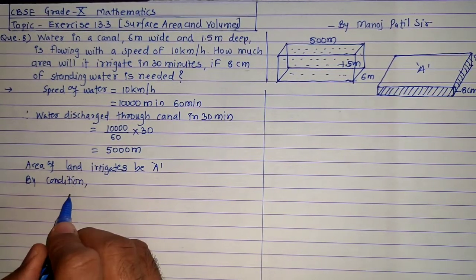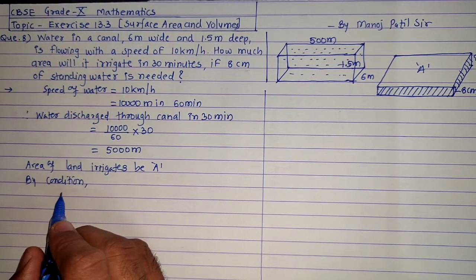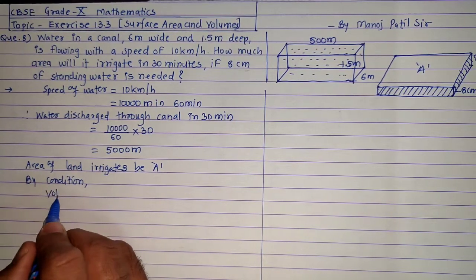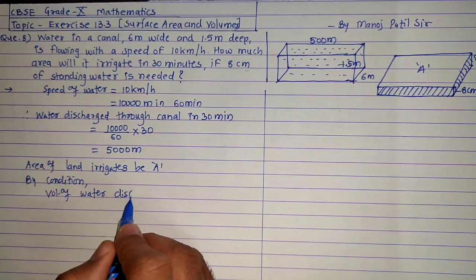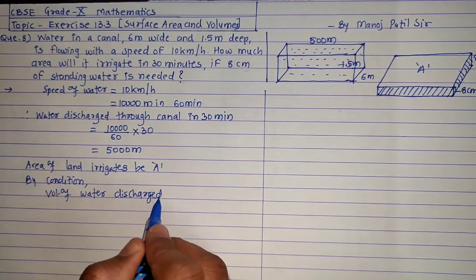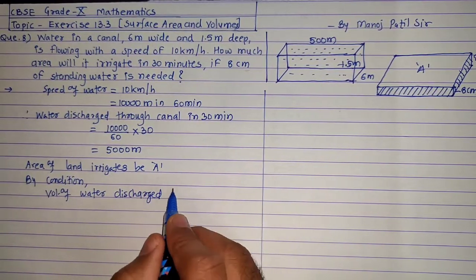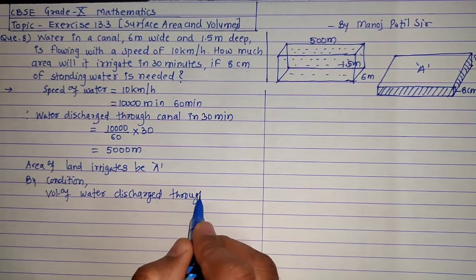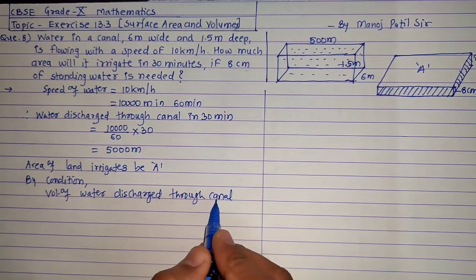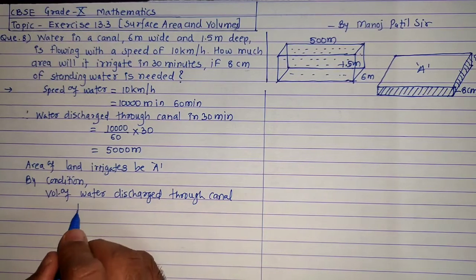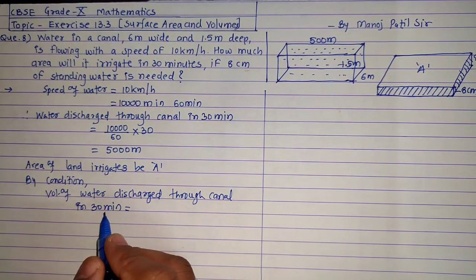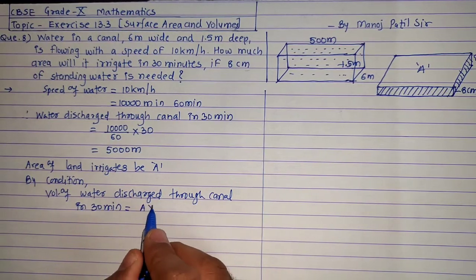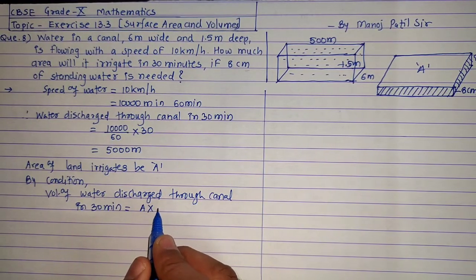So by condition, we can write: volume of water discharged through the canal in 30 minutes is equal to area of land multiplied by standing water, that is 8 upon 100.